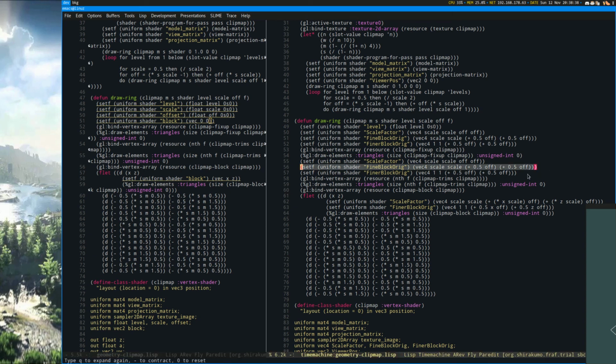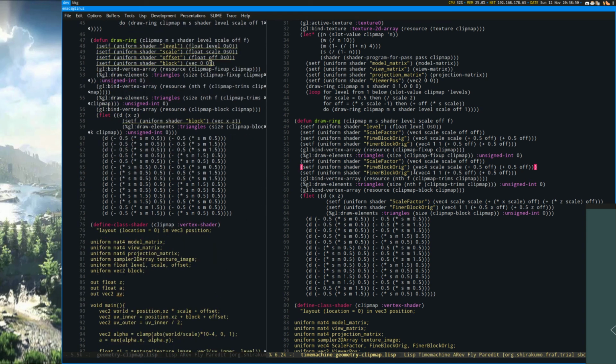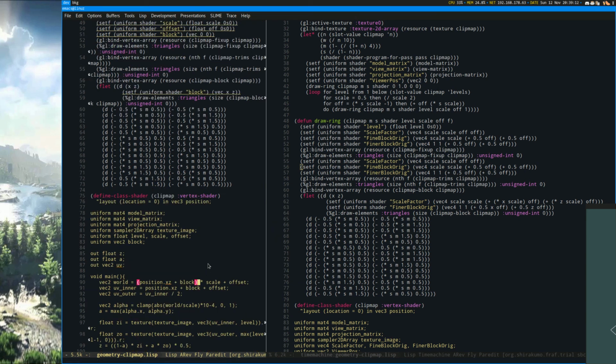Ah, this is throwing me off. I can't. Can I? Plus, okay, so it's position plus block times scale plus offset, that makes sense.